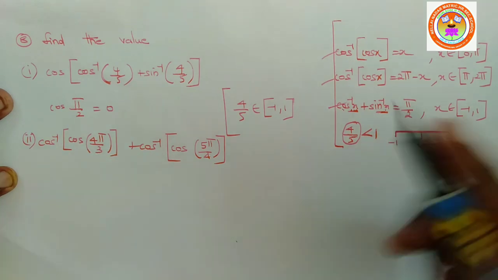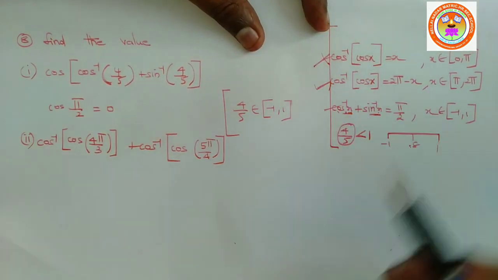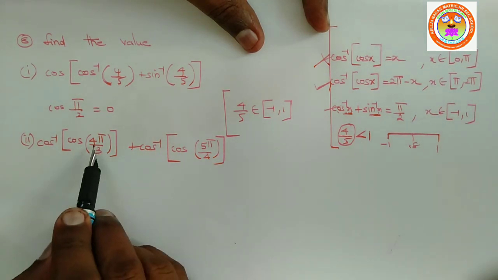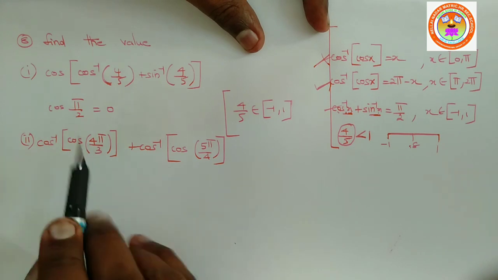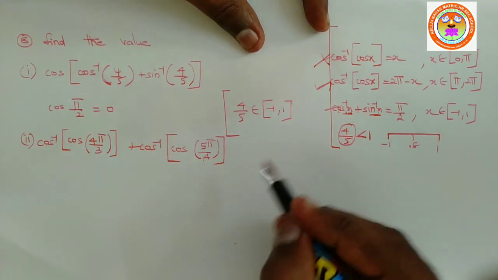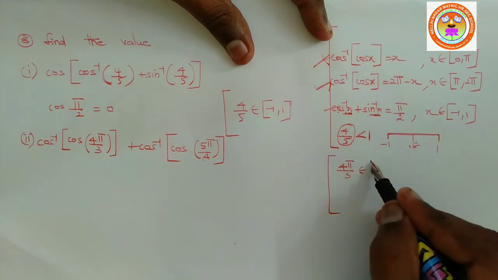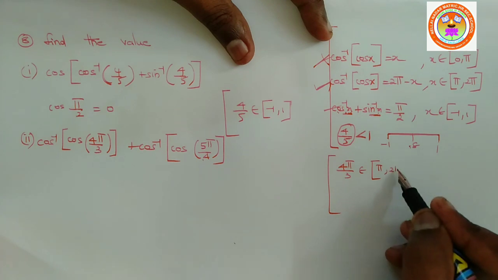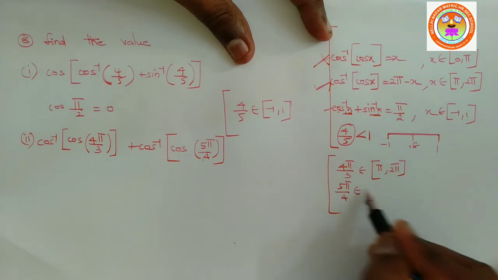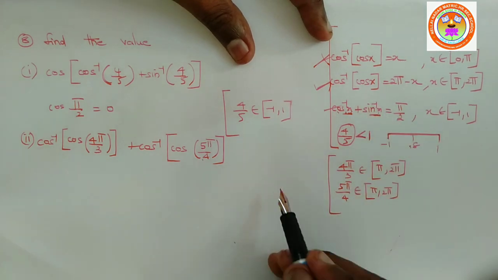I can't use the first property. I am going to use the other property, because in pi comma 2 pi, 4 pi by 3 is greater than pi, and 5 pi by 4 is greater than pi. So since 4 pi by 3 belongs to pi comma 2 pi and 5 pi by 4 belongs to pi comma 2 pi, use property number 2.